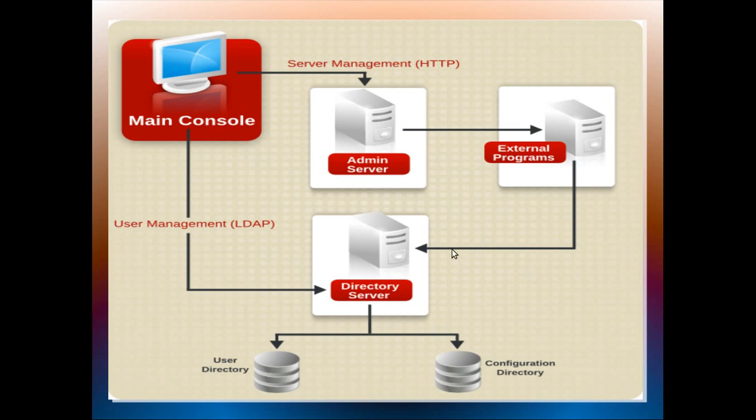The admin server is used to start or stop the directory server, which uses external programs for it, and the directory server can also be directly managed through it. You can create entries inside it, and the directory server stores the database in two formats. One is the user directory, which includes the company details, users, groups, machines and everything, and the other is the configuration directory, which stores the configuration related to the directory server itself.